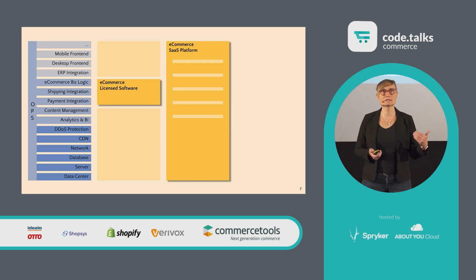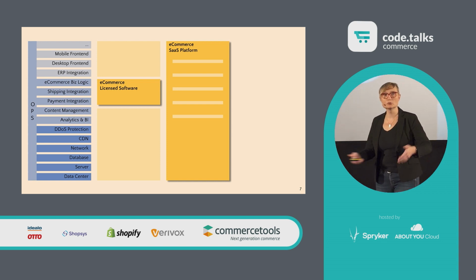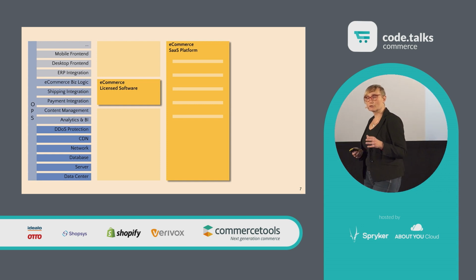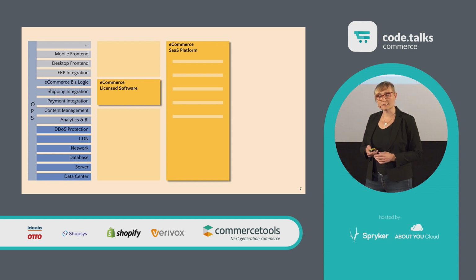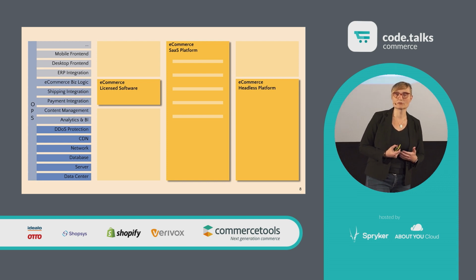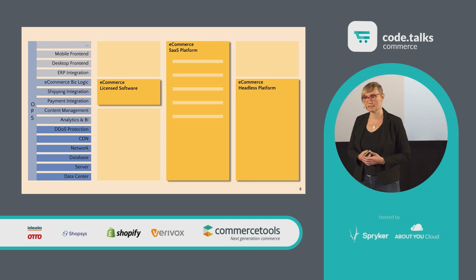They cover all the technologies. When you, for example, buy a Demandware system, integration with the Akamai CDN is automatically included in the whole pricing package. So it's a complete end-to-end stack. And then we have the headless system, which only goes up to the level of the business logic and leaves the rest up for customization.